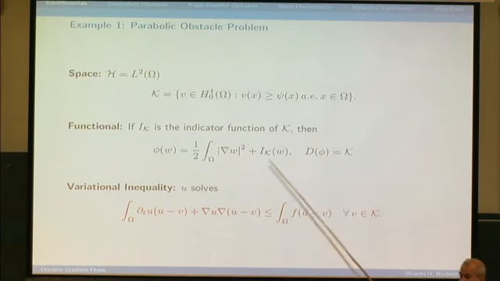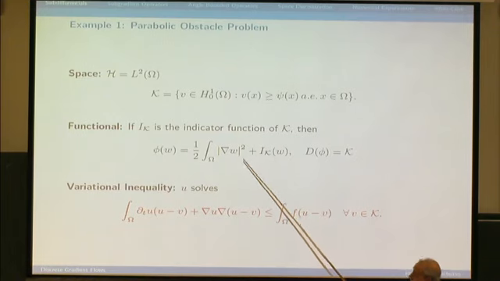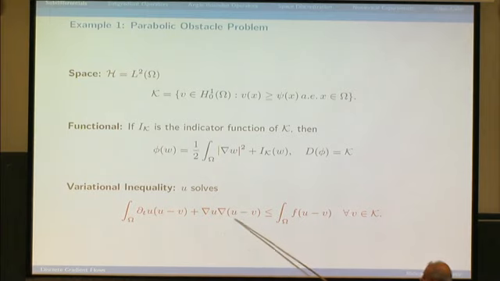So the indicator function is infinite for functions that are not in the convex set, and that enforces that the solutions of the equation have to belong to the convex set. So here is the variational inequality in red that you will get using the approach that I mentioned earlier. Similar to what we discussed yesterday, except that yesterday we didn't have the time-dependent part. Okay, so this is a very classical example, very well known.